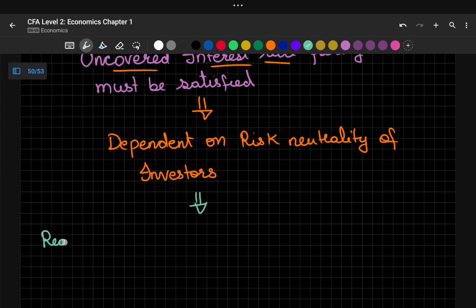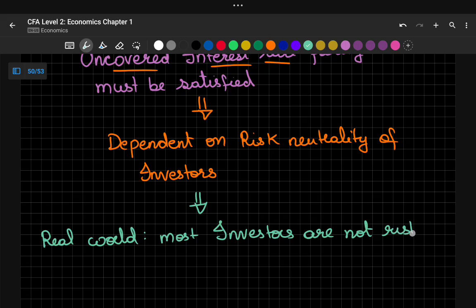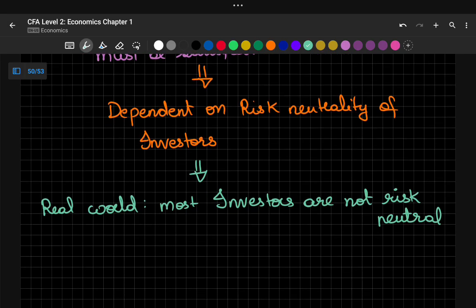In the real world, most investors are not risk neutral. Most speculators are not risk neutral. And we discussed in the previous video that the uncovered interest rate parity condition does not hold in short and mid-term duration.